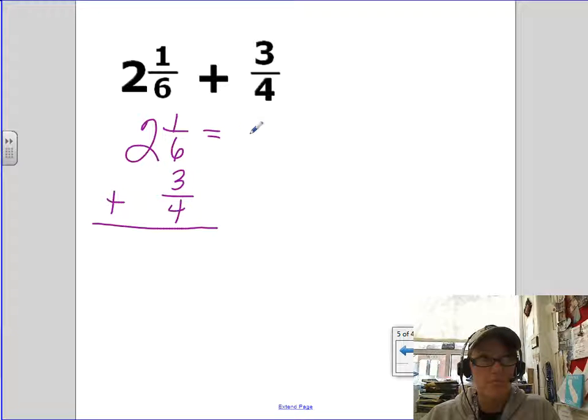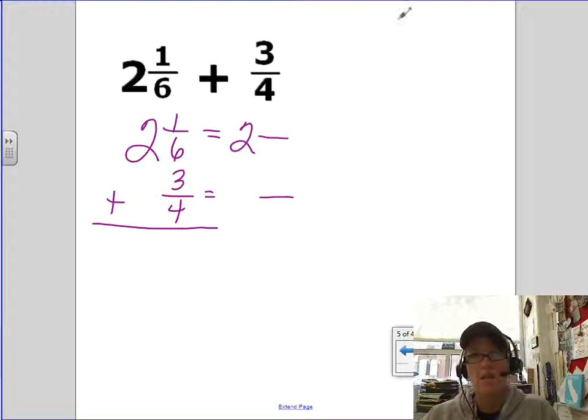Now, please do not forget this whole number. So I'm going to write the 2 right away. Now, 6 and 4 share a common factor of 2. And what that tells me is, you know what? I'm going to go up here and make my list of multiples, okay, and kind of go from there.